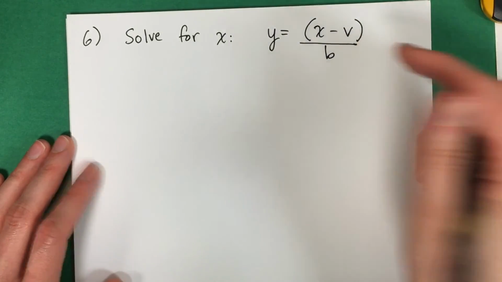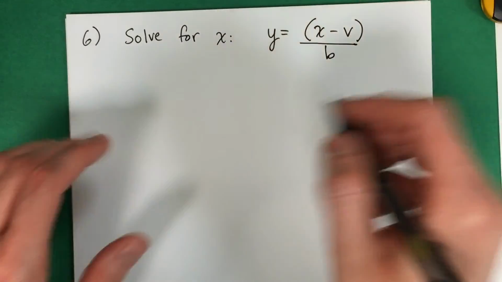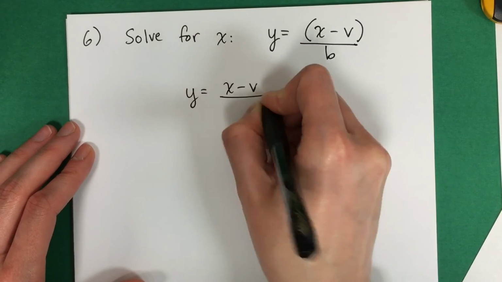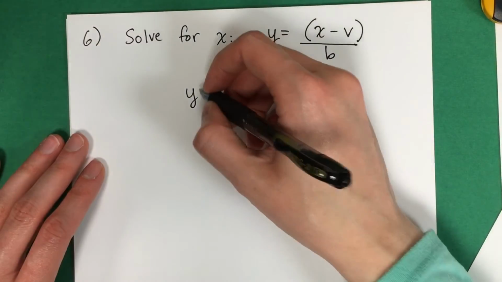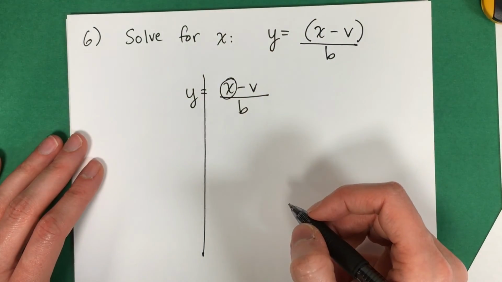Now the parentheses here are not really important because there's nothing else up there. So I'm just going to go ahead and copy it without the parenthesis because there's nothing else up, so I don't really need it. And I'm going to circle x because I want x alone.